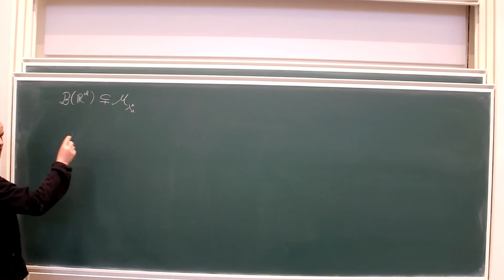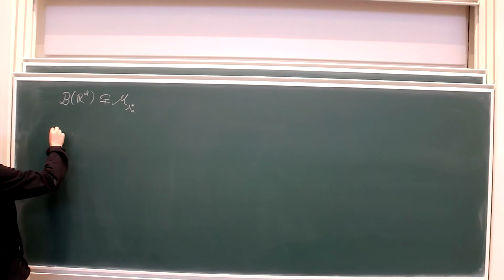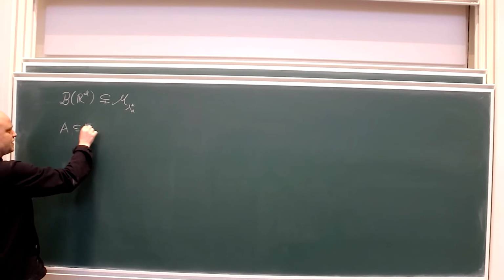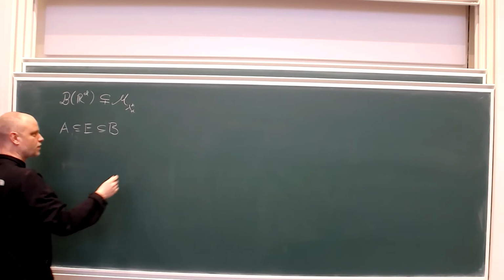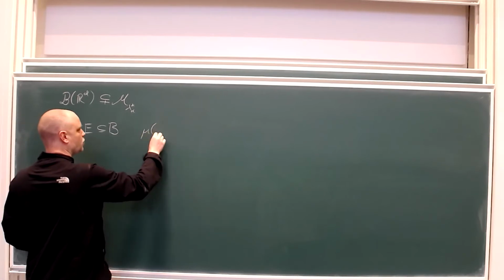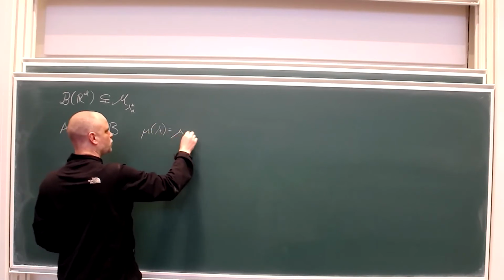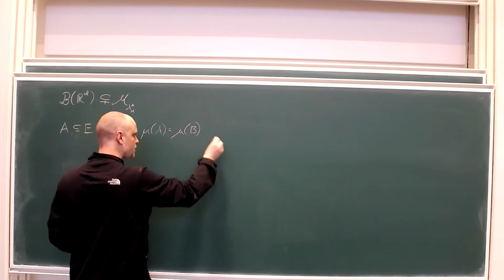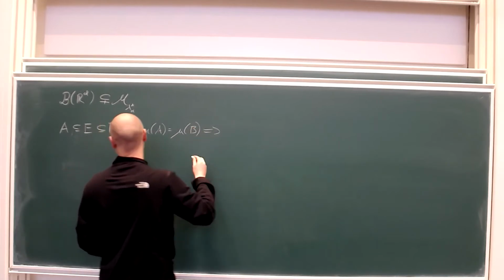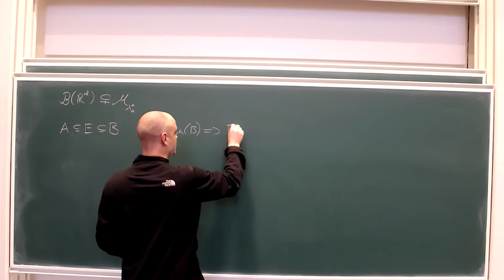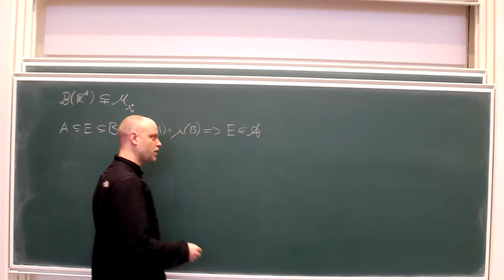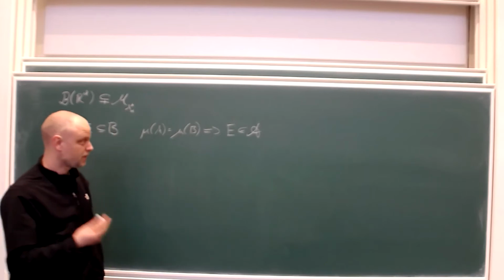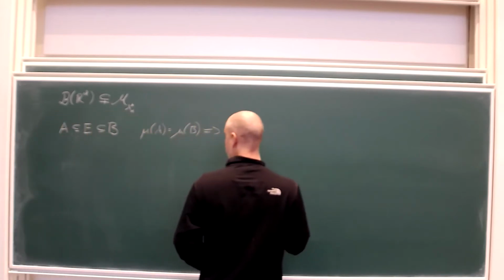If you have that A is less than or equal to some set E, which in turn is less than or equal to B, and if mu of A is equal to mu of B implies that E is in whatever sigma algebra you're working on, then that sigma algebra is said to be complete.